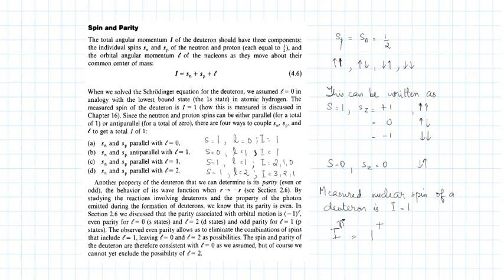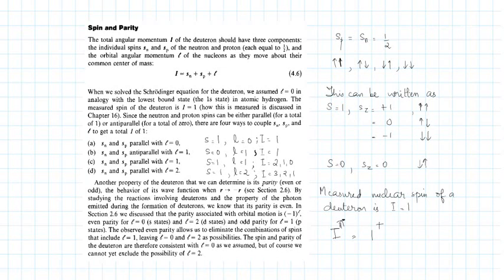And for S equal to 0, you can have one value for Sz, which is this option. Okay. So theoretically, there are 3 possibilities which favor spin of 1 and one possibility which favors spin of 0.